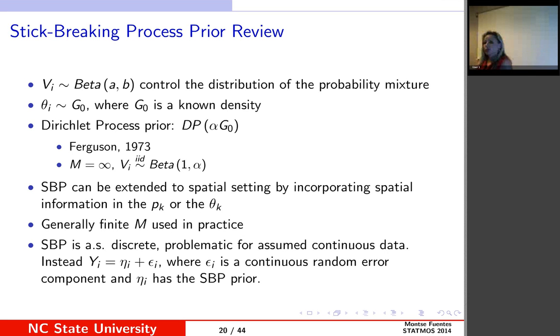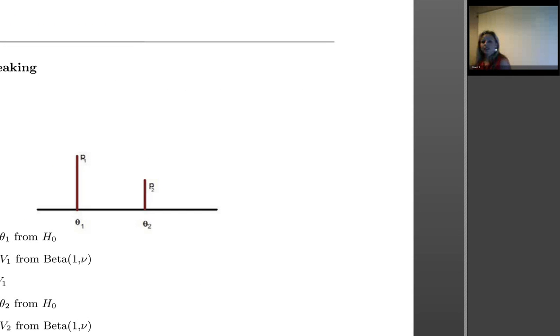Now, if we want to take it to the spatial setting, we need to put some spatial structure. We have only two components in a stick breaking prior: one is the values, the thetas, and the other is the probabilities. So we either make theta spatial or the p's. But first, just a graph to illustrate again.